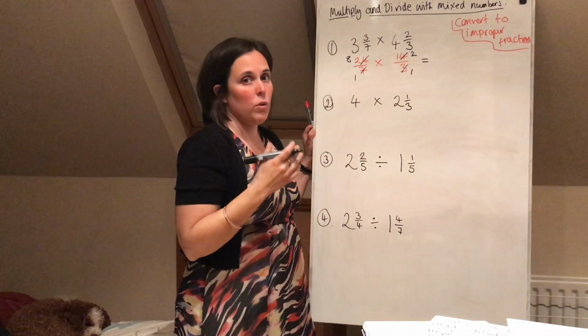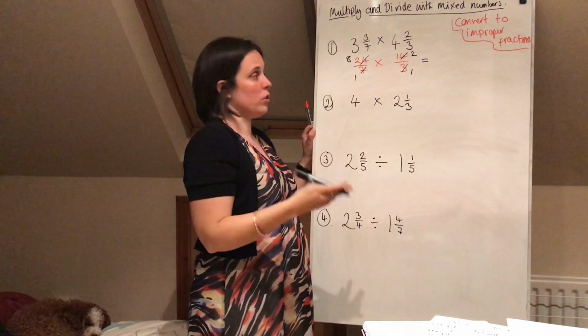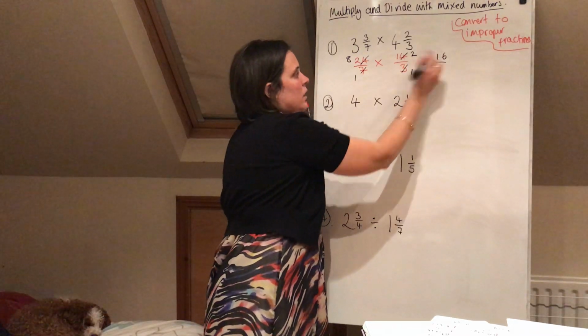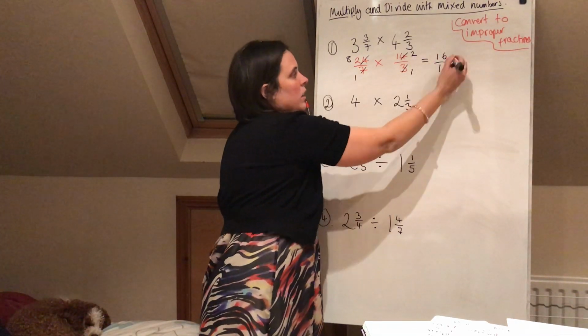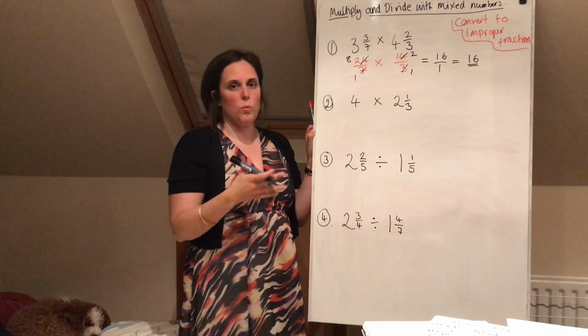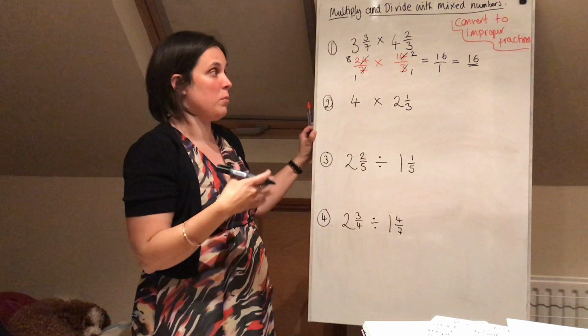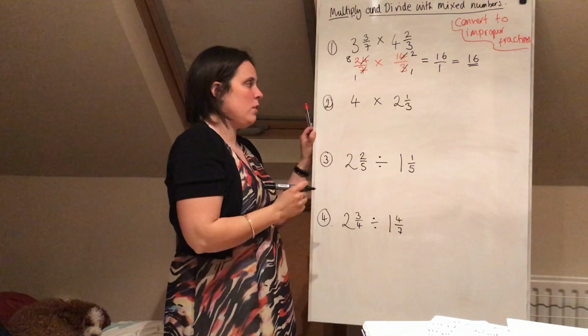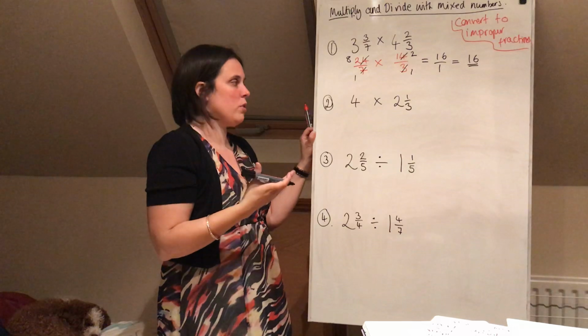So all I need to do now is multiply across. 8 times 2 is 16, 1 times 1 is 1. And as I've said before, if you get something over 1, that means it's a whole number, so we end up with just 16.